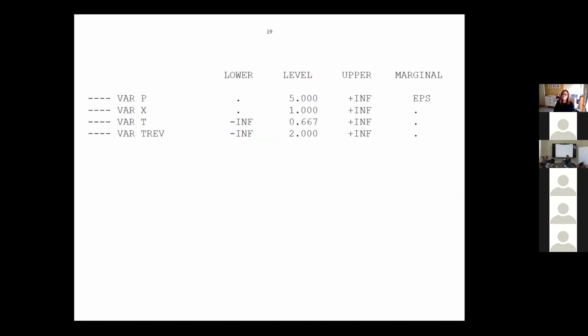Okay, well, anyway, there's the solution to the model, the optimal tax rate is 0.667, it's 2/3. It happens to be the German income tax rate. Oh, it's smaller than that. By the way, in a column, EPS is epsilon, which is math for a very, very small number.